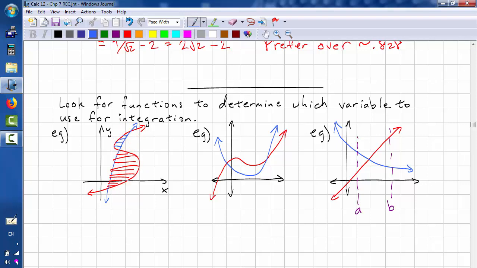So the partitioning is much worse. So we're integrating with respect to y, and we have two partitions. And looking at this one, it's best to integrate with respect to x. So dx, and there's one partition.